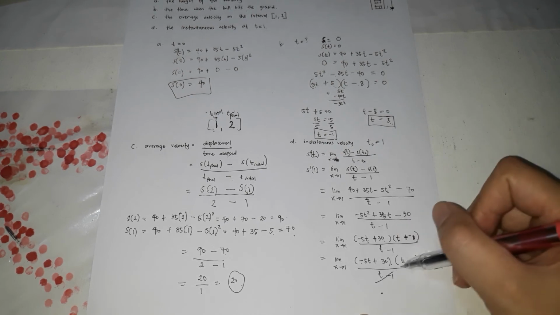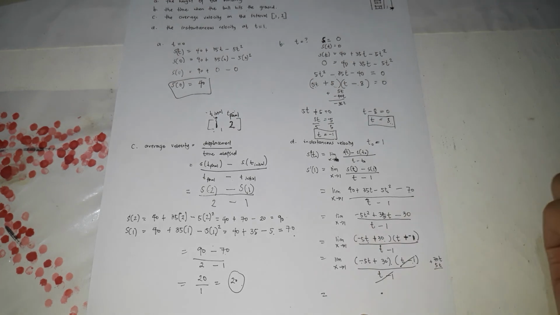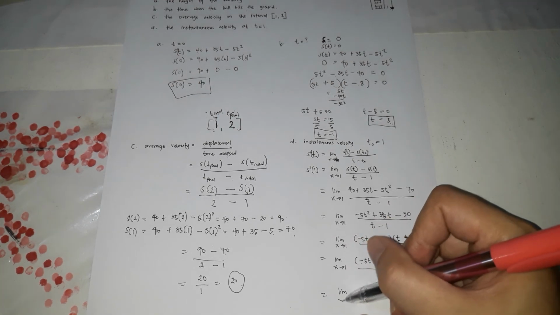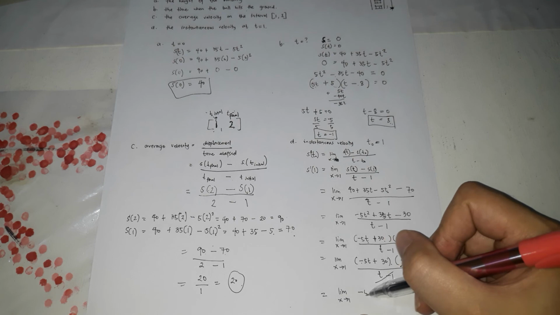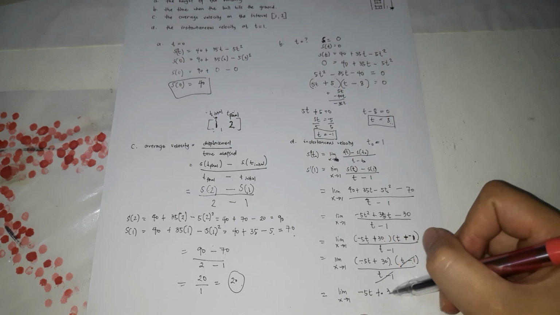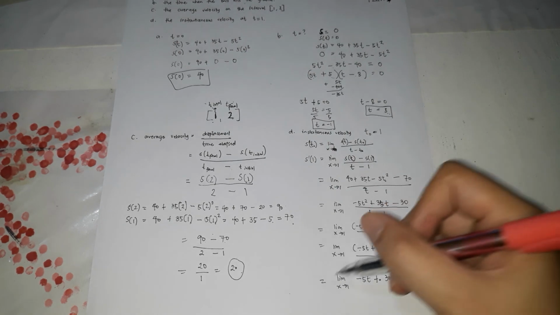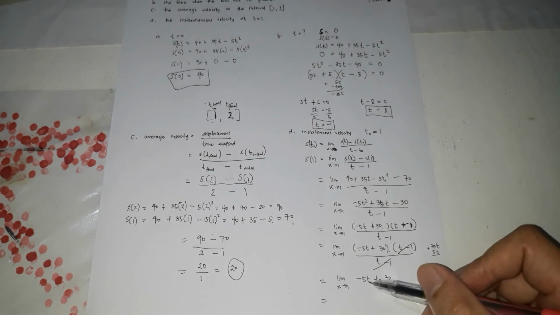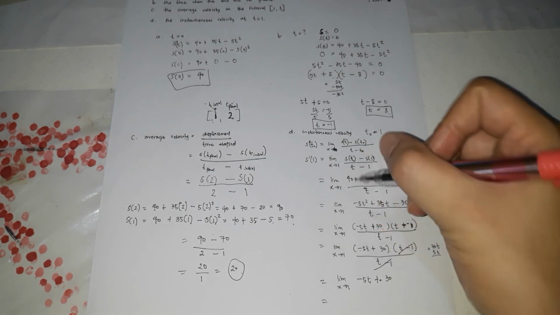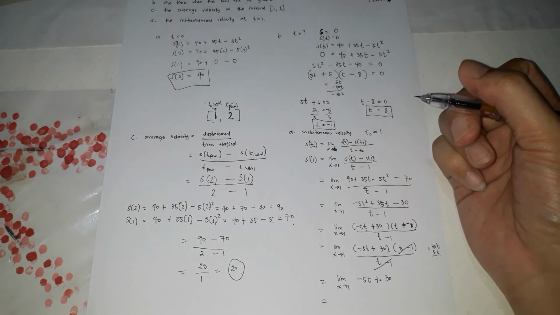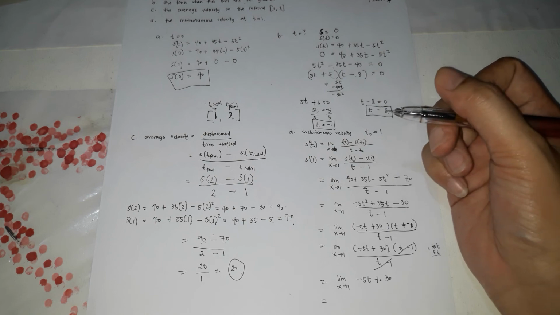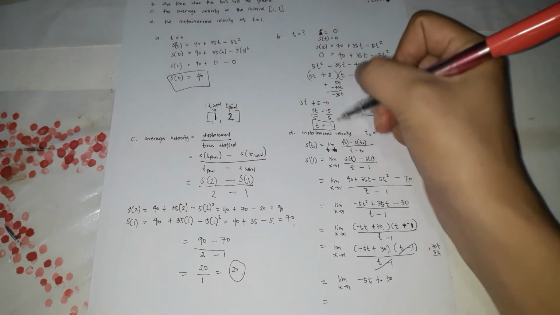So pwede natin makancel. Ang natira na lang is the limit as t approaches 1 of negative 5t plus 30. Sorry, as it approaches 1, it should be t, not x. So to solve that, ang t gawin natin 1.